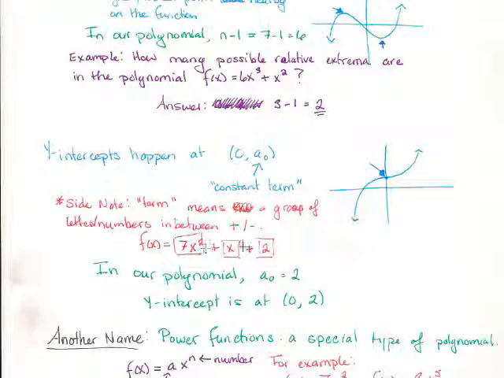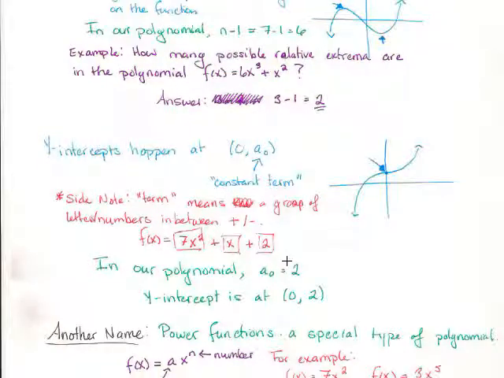So each of those things are terms. So we call it the constant term. It is a term, and it is constantly the same number. In our polynomial, if you recall from before, the constant term was 2. Therefore, the y-intercept occurs at 0, 2, which is that coordinate pair.